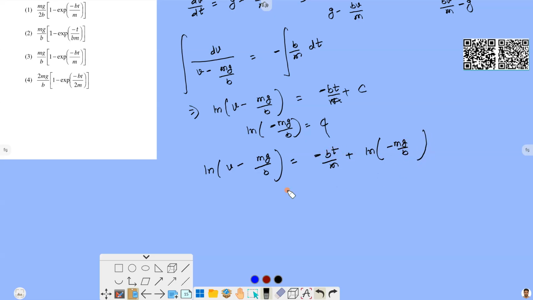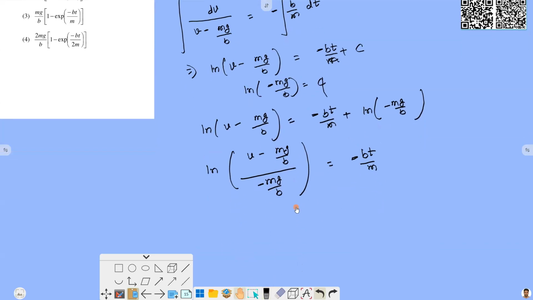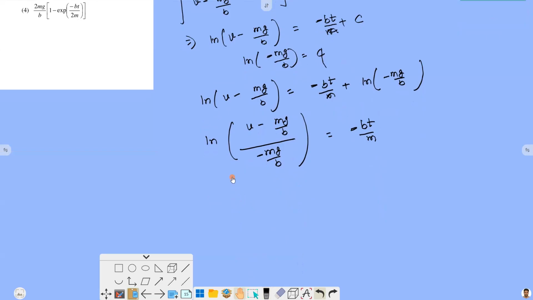Now this term we can bring it here, and this will become ln of (v minus mg by b) divided by negative of mg by b, and this will be equal to minus bt by m. Now I can write it further.